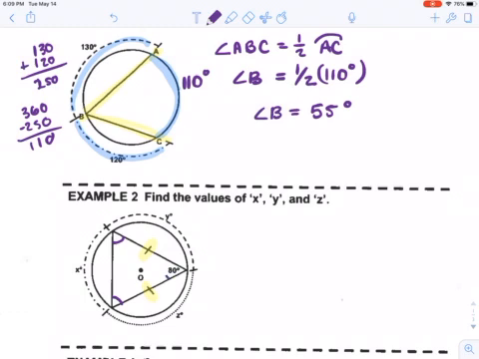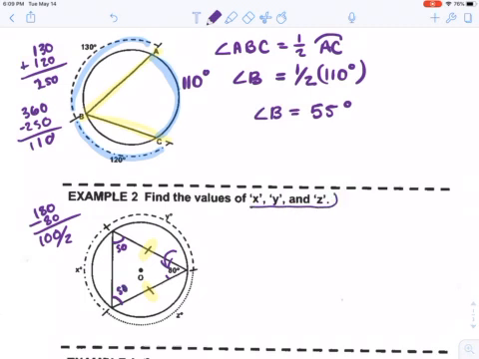So if this angle that's given to us is 80 degrees, and we know that the three angles in a triangle add up to 180, we can do 180 minus 80, and we'll get 100. But that doesn't represent this angle or that angle. It represents them combined. So to get both of those angles, we need to divide 100 evenly. And so this angle is 50, this angle is 50.